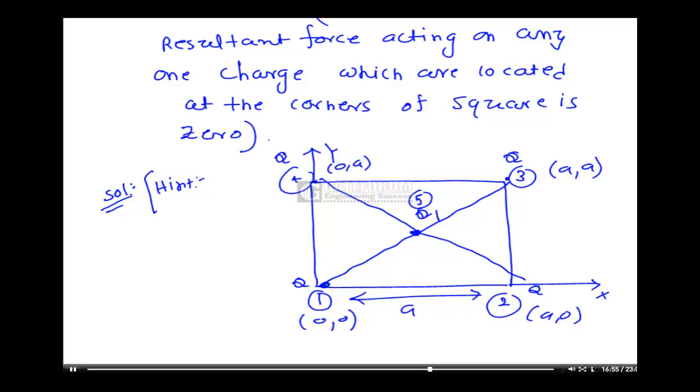Suppose I consider charge 1. The force acting on it due to the remaining 4 charges must be 0. The resultant force must be 0. The force on Q due to 2 is in this direction, F21.